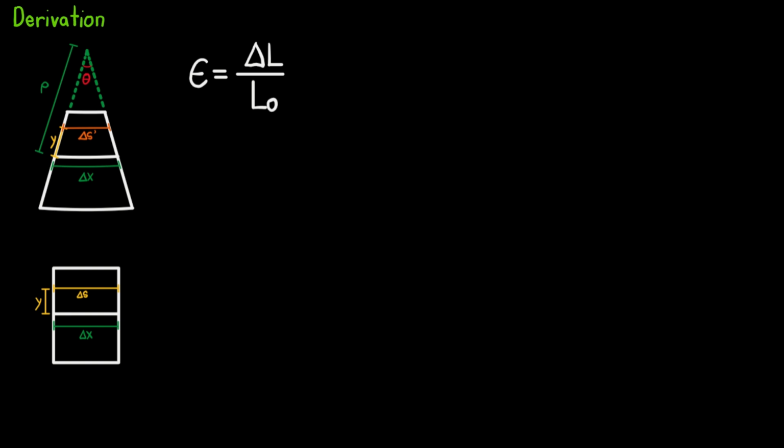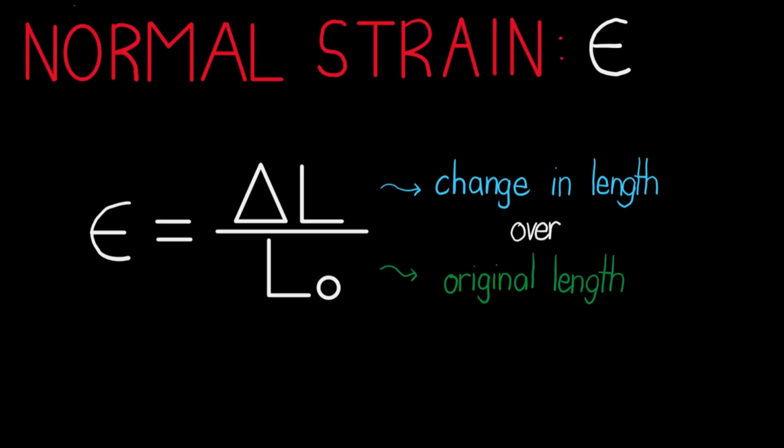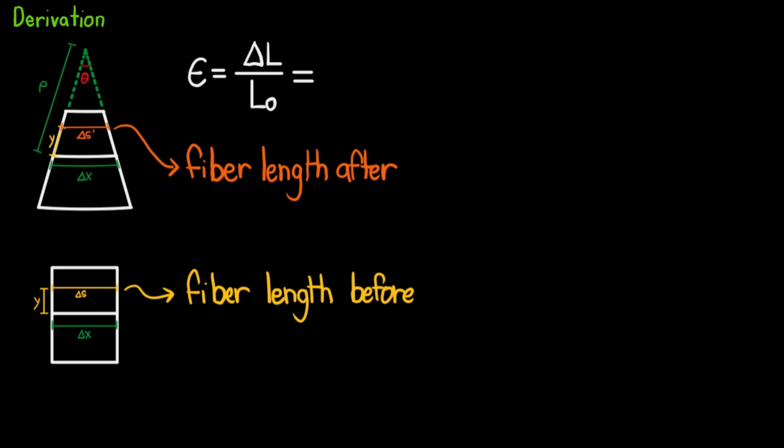What we want is to find the normal strain due to bending. We know that normal strain is change in length over original length. We also know the fiber length before and after bending, the delta s and delta s prime.